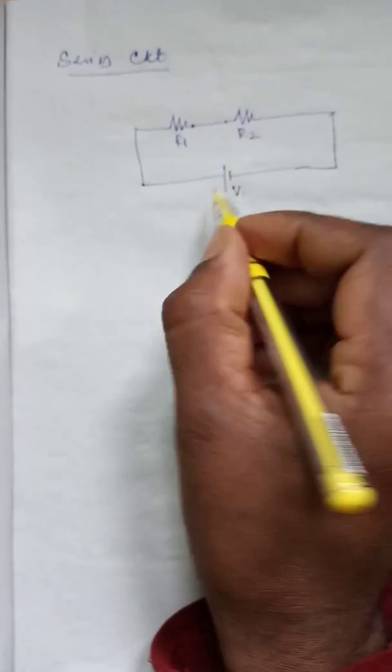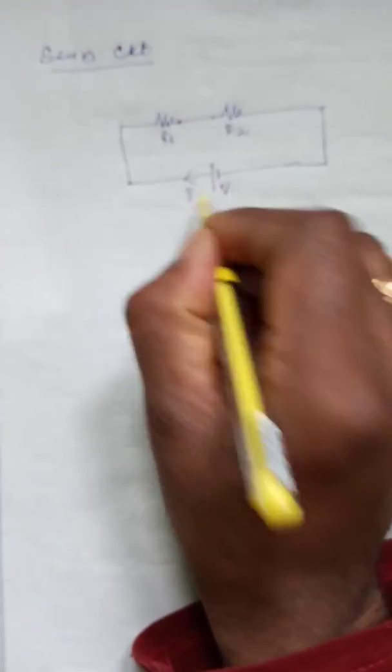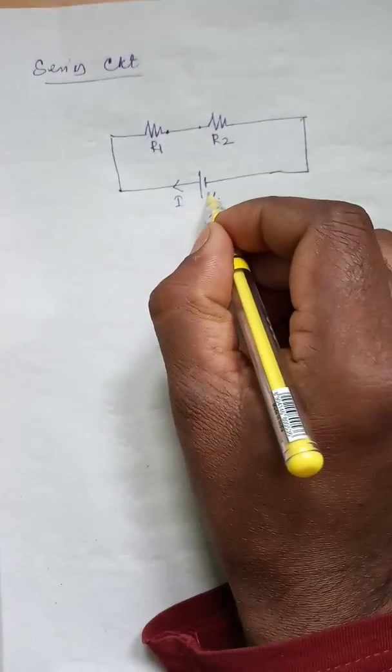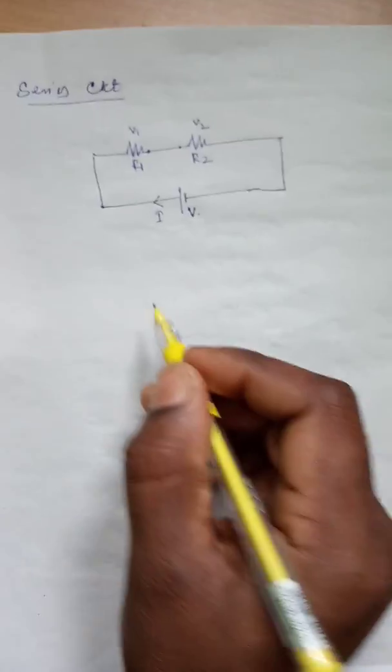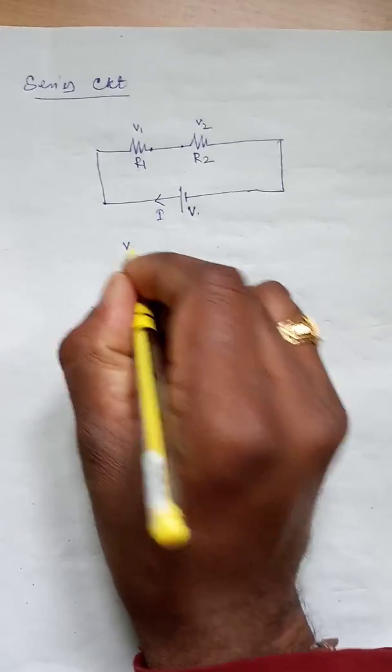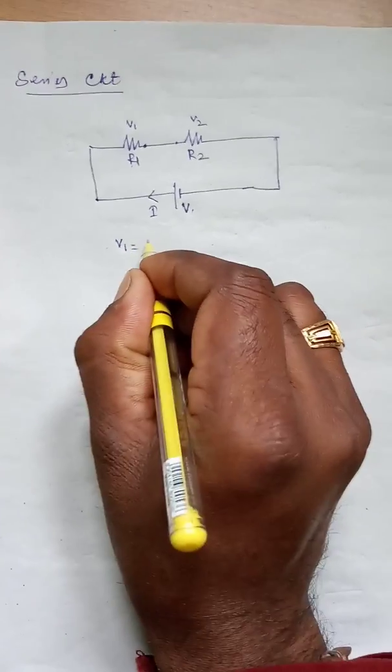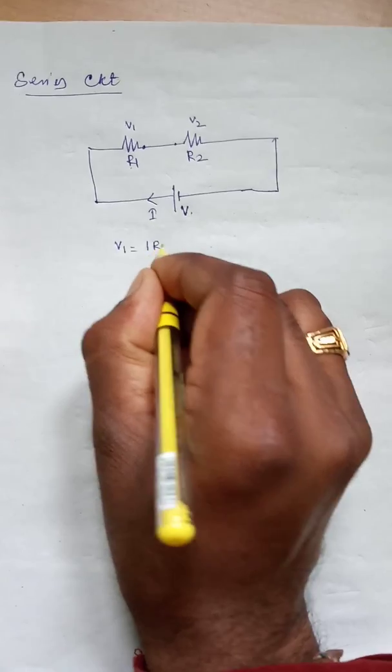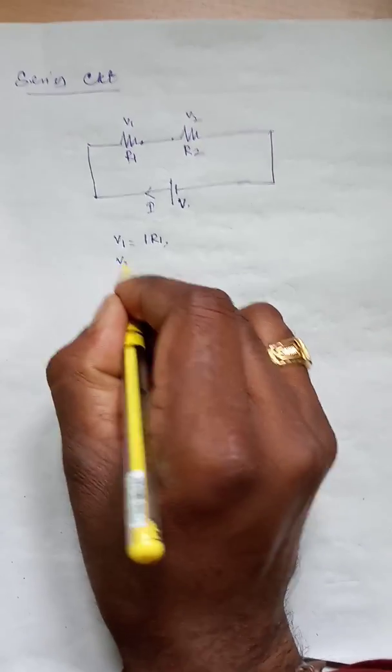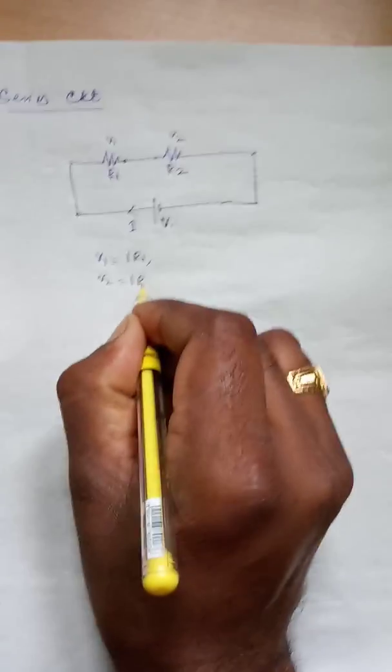In series connection, the current remains constant and the applied voltage V is the summation of the voltage drops V1 and V2. V1 is equal to I into R1 and V2 is equal to I into R2.